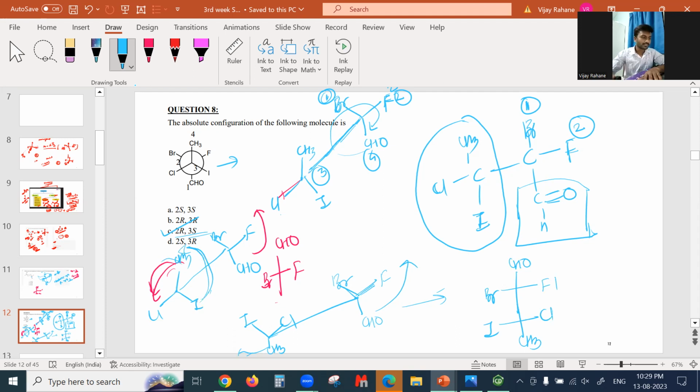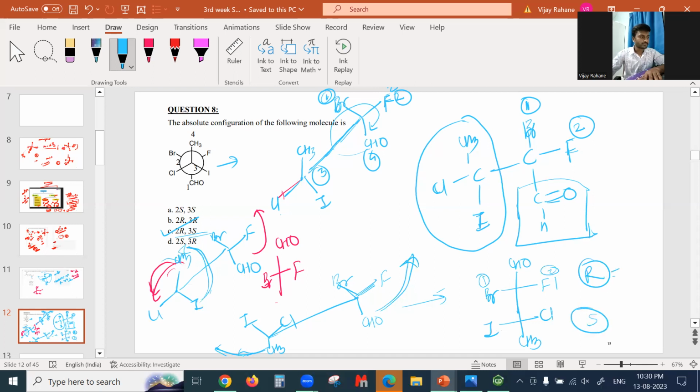So we got this intermediate structure, and then we just pull this CHO up and this methyl group here. So we got this kind of Fischer projection formula, and here we can easily give the numbering and the RS configuration also. Here bromine 1, chlorine 2, and the lower side 3. So 1, 2, 3, it's R, and here the iodine has 1, chlorine has 2, and this upper group has 3. So 1, 2, 3, it's S.